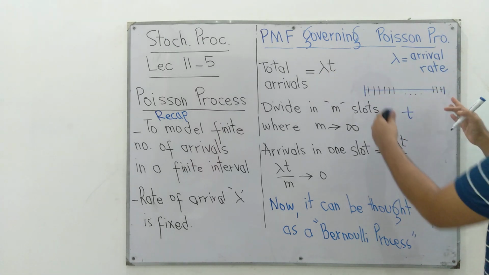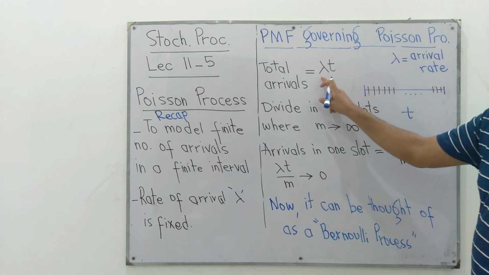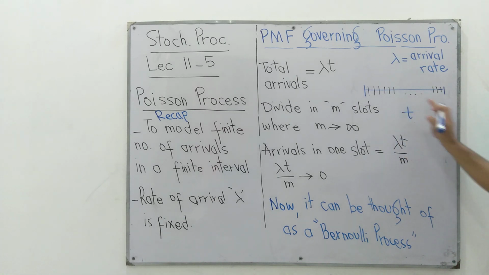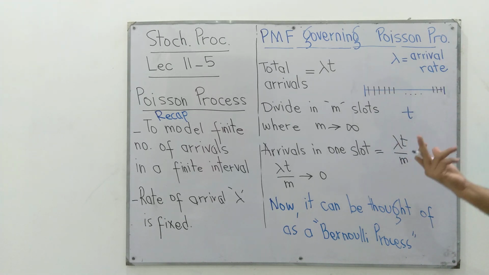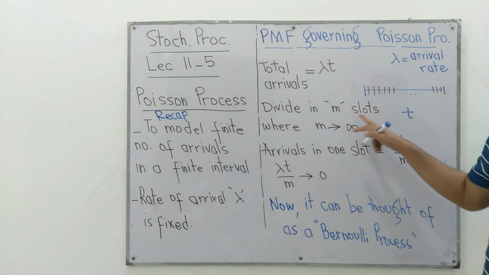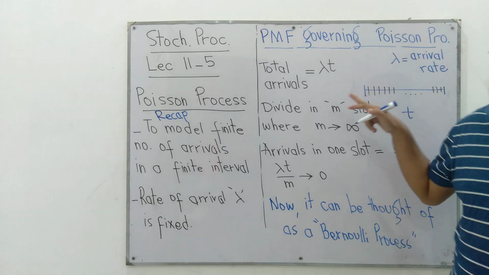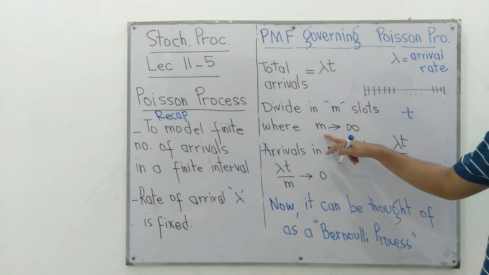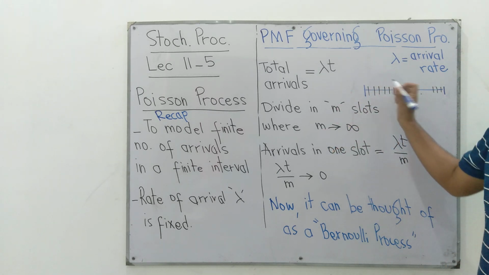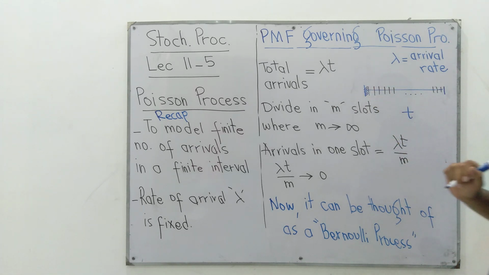Total number of arrivals in a given interval of time would be the rate of arrival times the length of the interval. This is obvious. Lambda times t. We divide it in m slots, where m is very large. It approaches infinity. This means the width of each slot is very small.